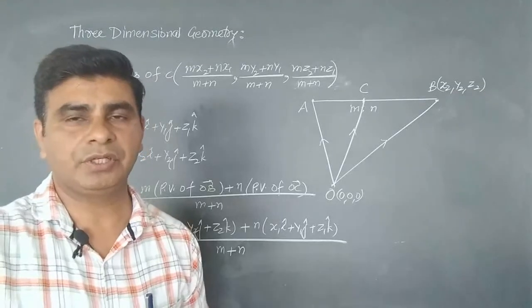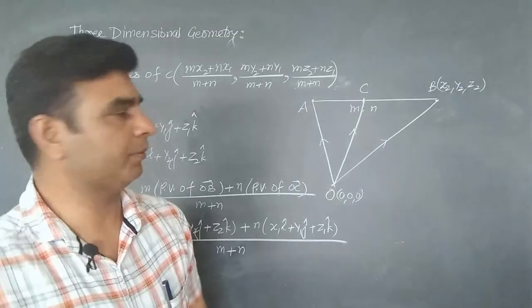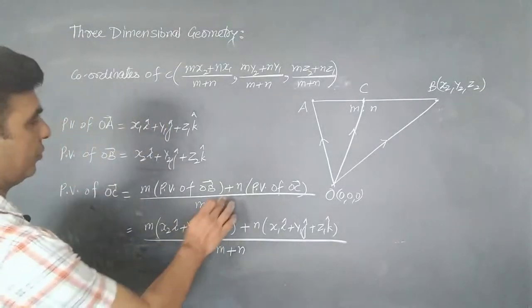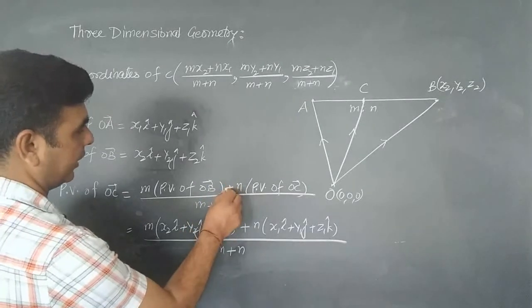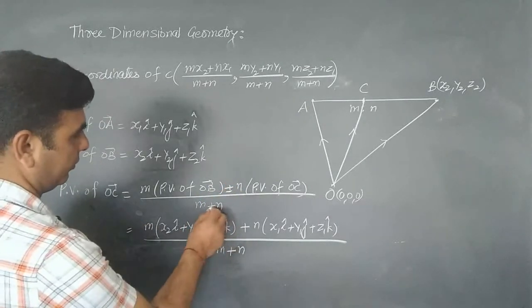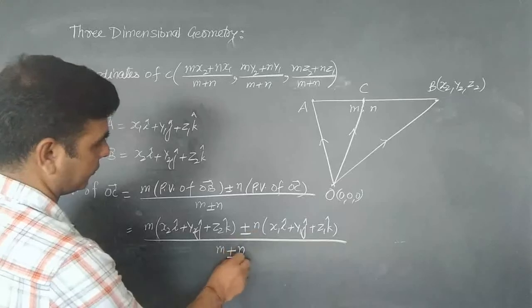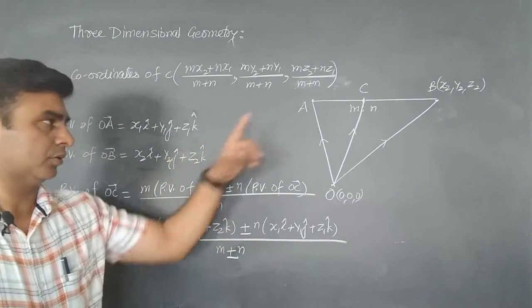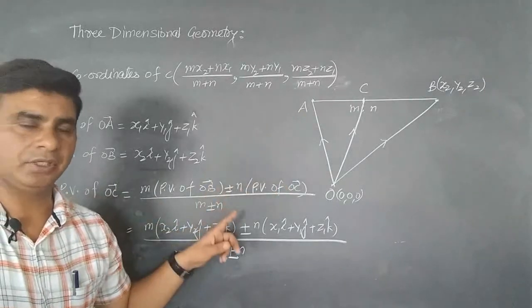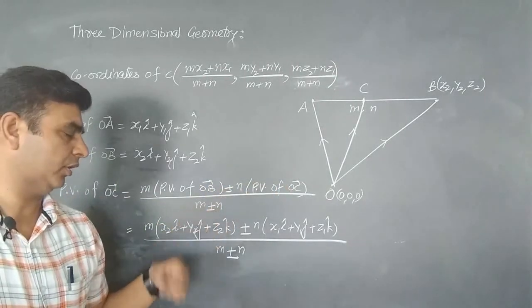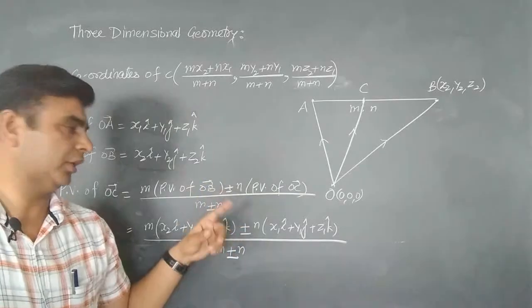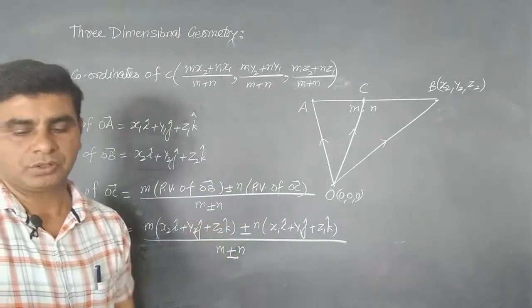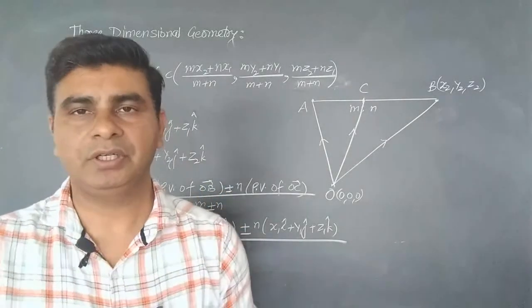Internally, my dear students. Now if we talk about externally, in that case you have to use only the negative sign in between of this one. So this will be plus minus, plus minus, plus minus. The negative sign is used for an external point. If point C is dividing AB externally, then you have to use the minus sign only. If it is dividing internally, then you have to use only the positive sign. So this is the difference between internal and external division.